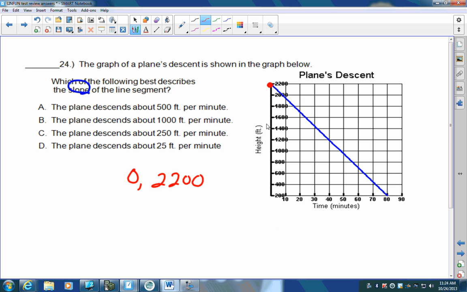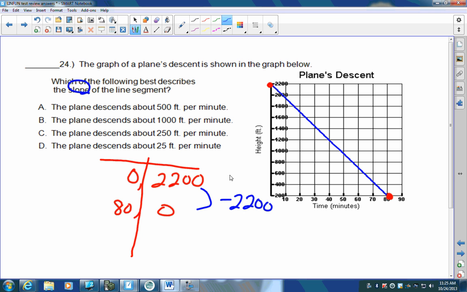And the x-intercept is 80 and 0. Now that I have this, I can do delta y over delta x. I went down negative 2,200, that's delta y, divided by delta x, which is up 80.